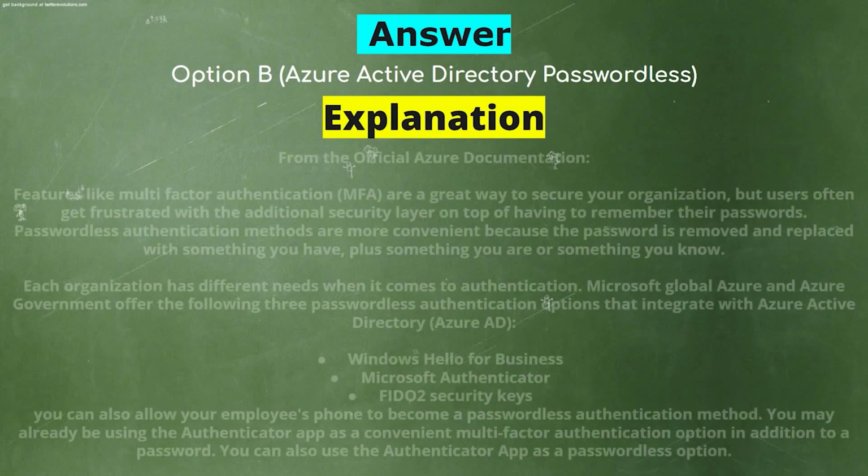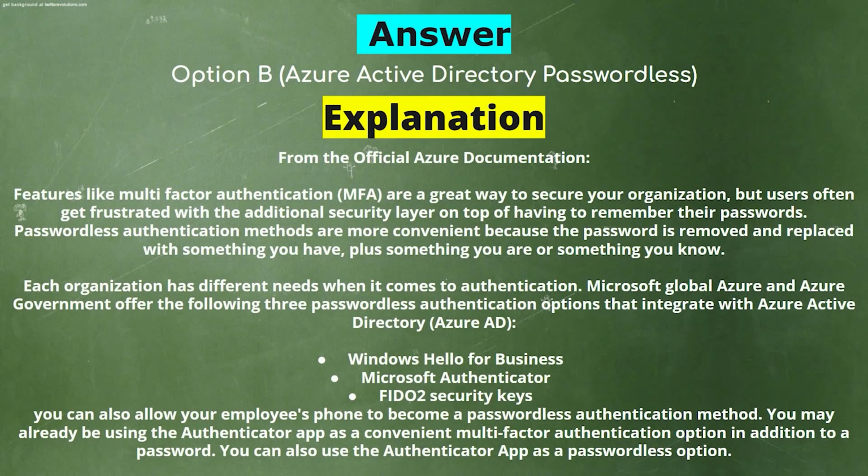Explanation. From the official Azure documentation, features like multi-factor authentication are a great way to secure your organization, but users often get frustrated with the additional security layer on top of having to remember their passwords. Passwordless authentication methods are more convenient because the password is removed and replaced with something you have, plus something you are or something you know.